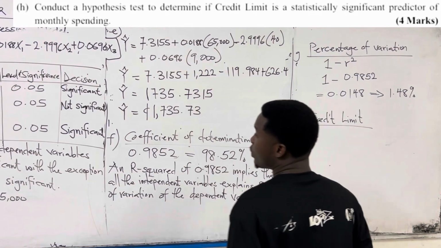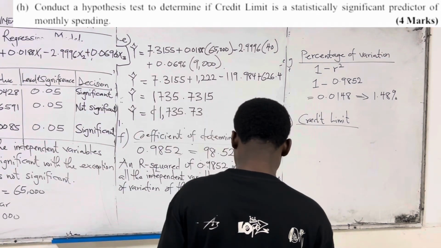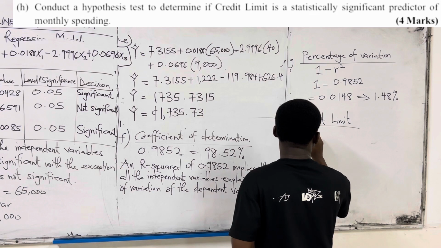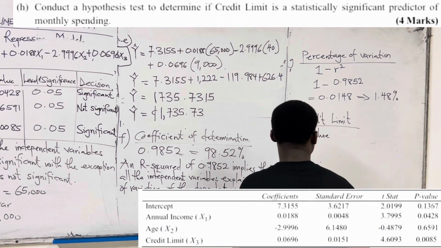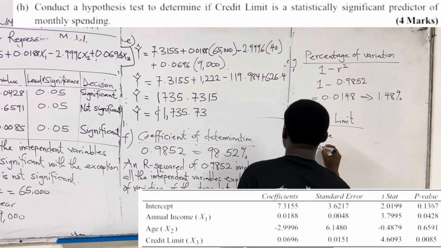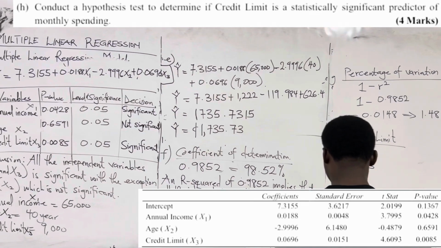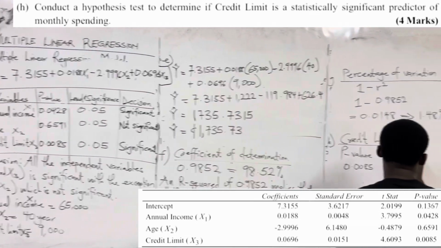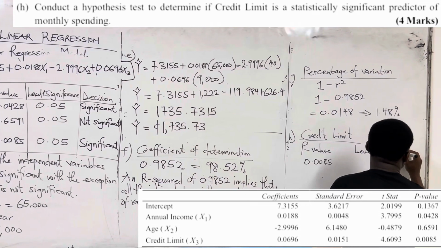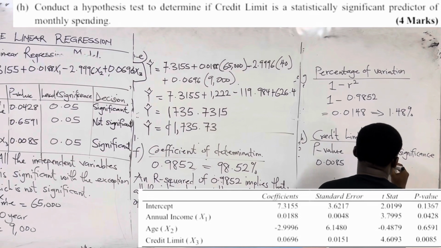So we have the p-value of the credit limit, and it has been given to us as 0.0085. And then we have our level of significance, which has been given to us as 0.05.